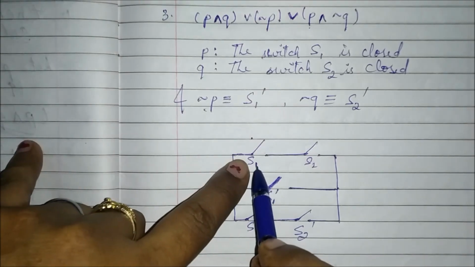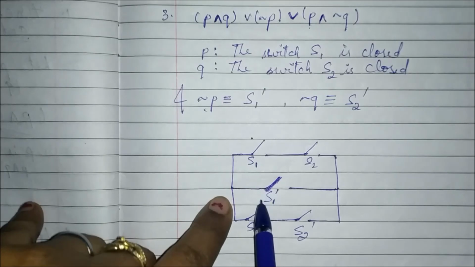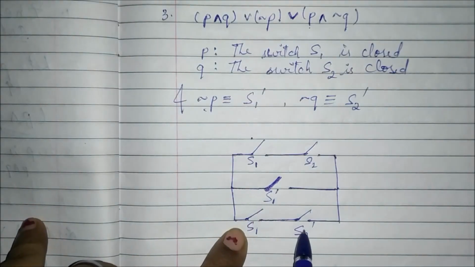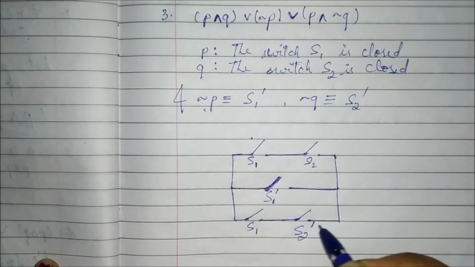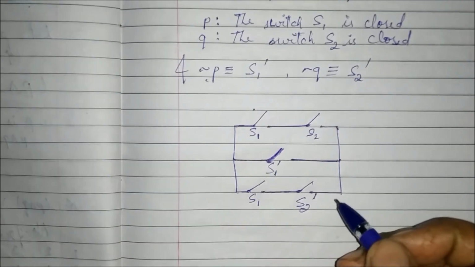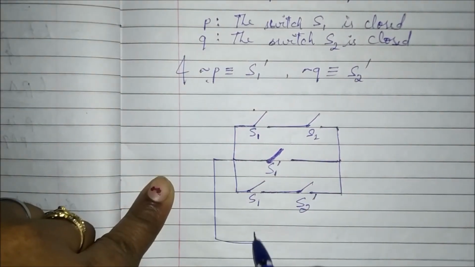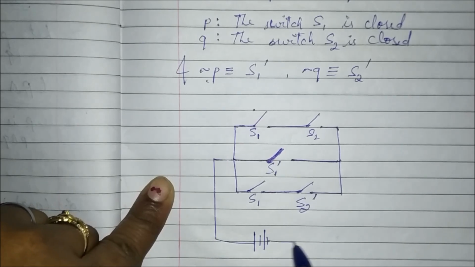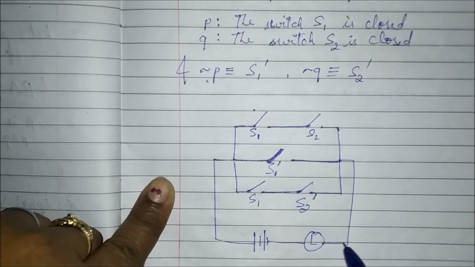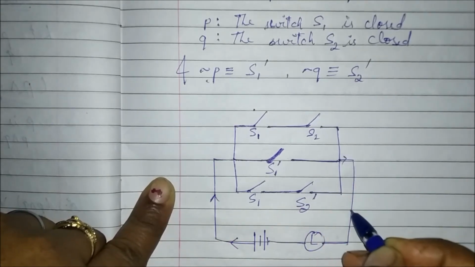So this is P and Q or not P or P and not Q. Now draw the circuit: one battery, one lamp, and then draw the flow of current from positive to negative.